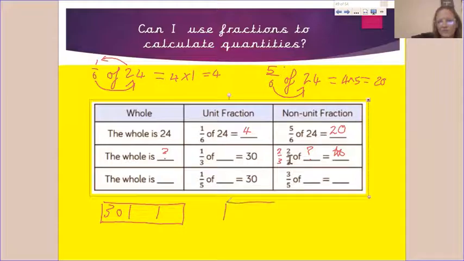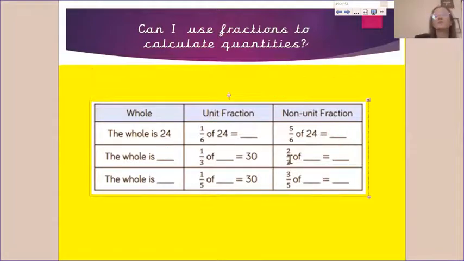It's 1/5. So you have got 5 pieces, 1, 2, 3, 4, 5. One of those will be 30. So 1/5 of what is the whole amount? If 1/5 of it is 30, what is the whole number? So pause the video now, draw this table in your books, and complete the questions.